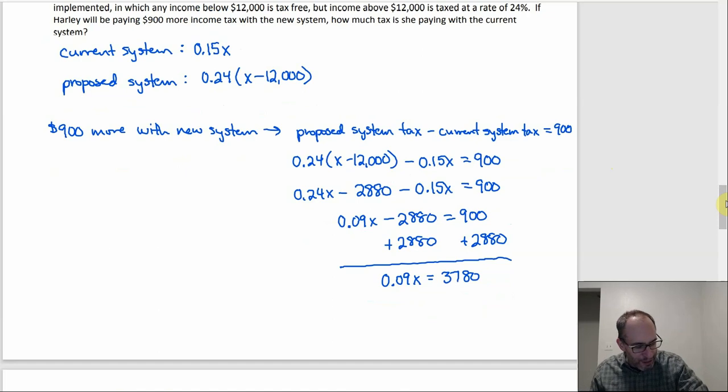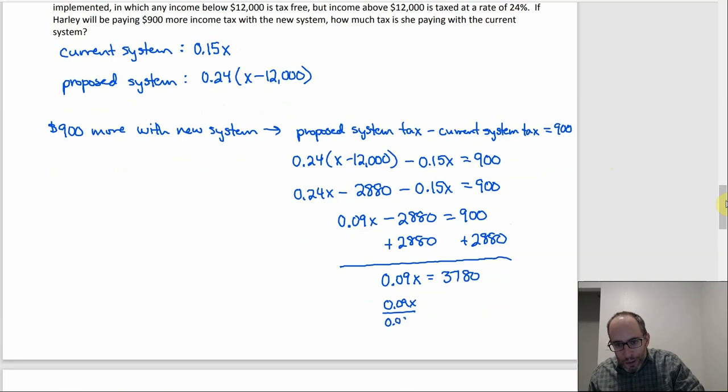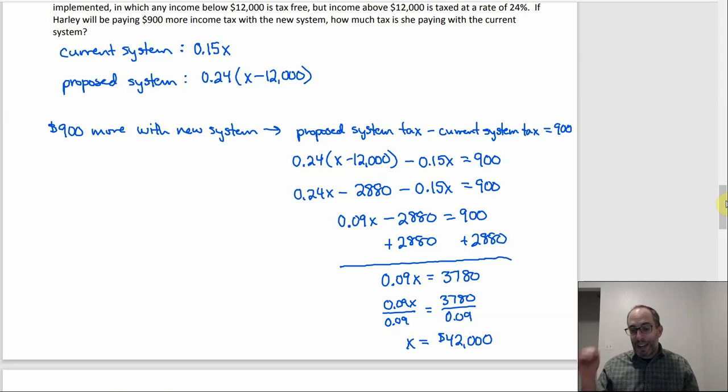So 0.09x over 0.09 equals 3780 over 0.09. So then x, it's 3780 over 0.09, which happens to work out to be a nice number. It's $42,000. It's not obvious that that's going to divide well, but it does.